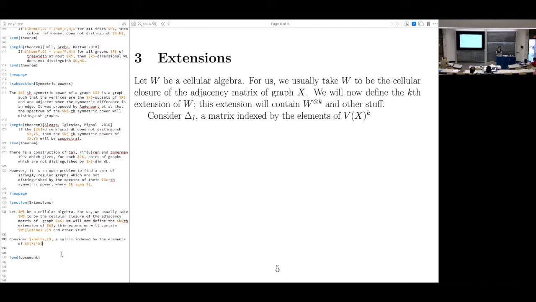So it's a matrix indexed by the correct set, the right size to be multiplying with these matrices here, and it's going to be a diagonal matrix.